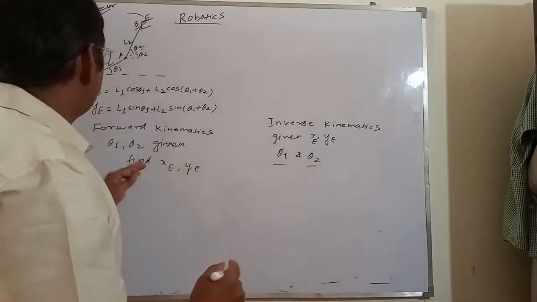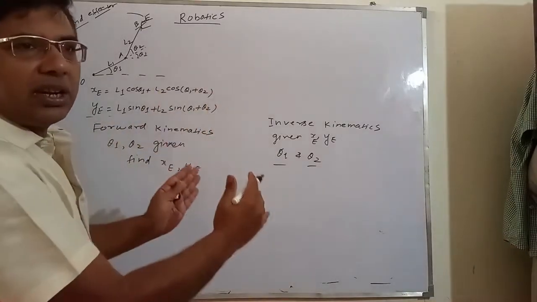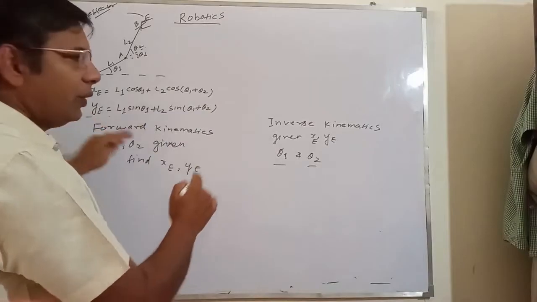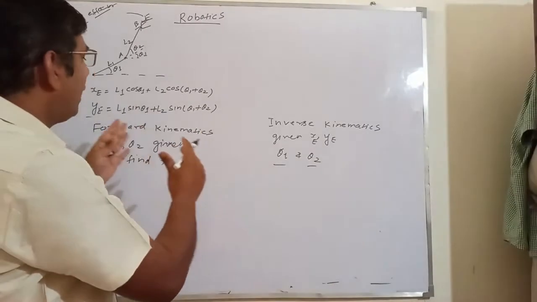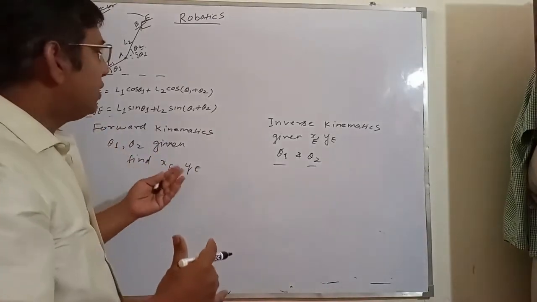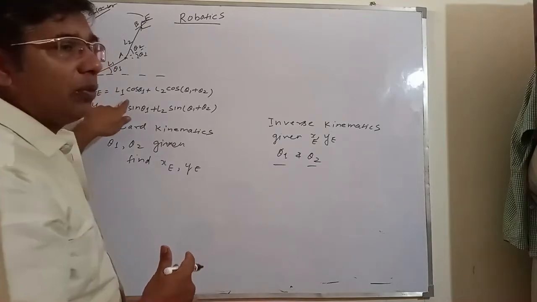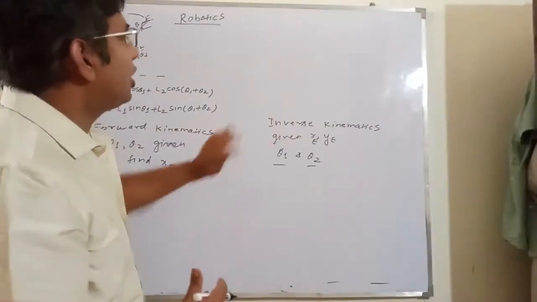So in this case these are two equations. We can put them in a matrix, and we can solve this, right? We can invert this matrix and solve it. But one thing is, it will not give a unique solution. Here, for given values of theta 1 and theta 2, it will give a unique solution. But here it may not give a unique solution.